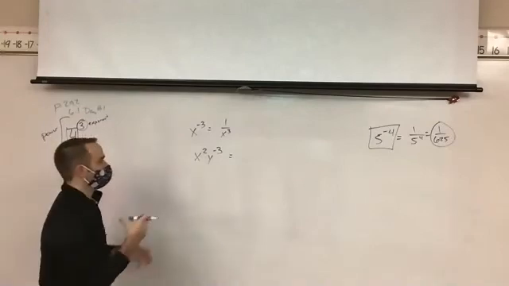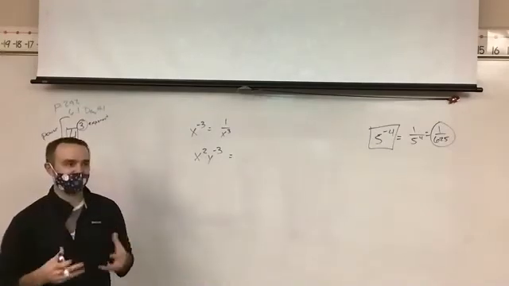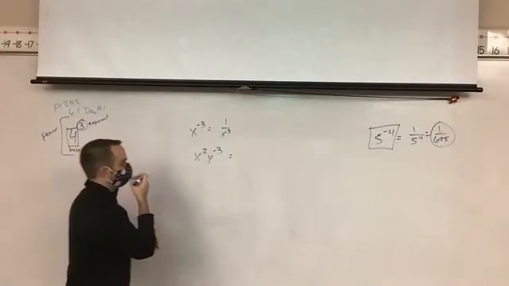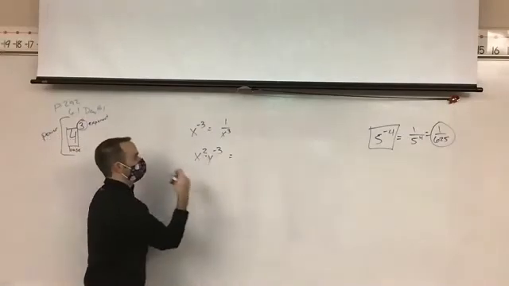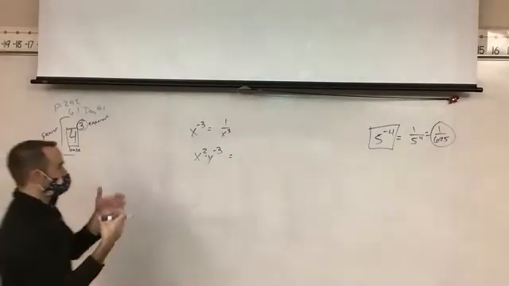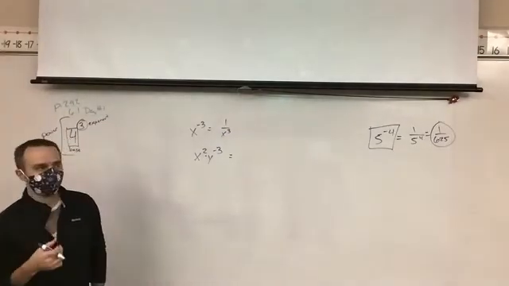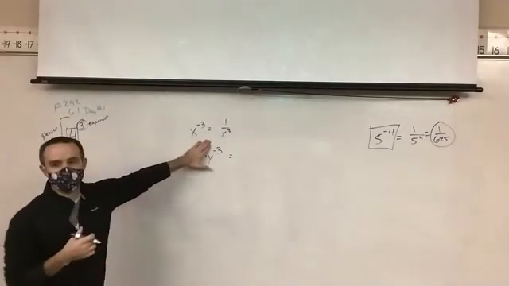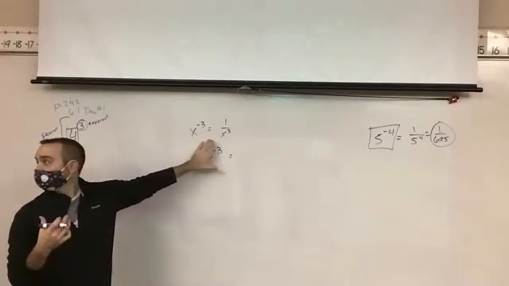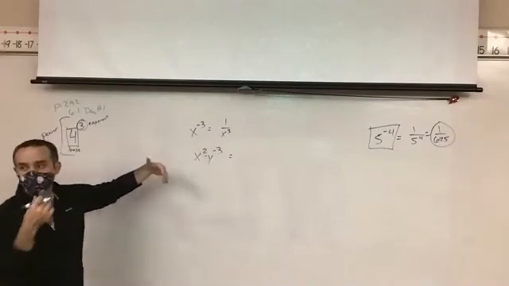We need to rearrange it so that we only have positive exponents. So you can think of this as a multiplication problem. If there's no symbol in between, it is multiplication. So we've got x squared times y to the negative third. Well, what do we know about that y to the negative third? We've got to change that. This will become 1 over y to the third.